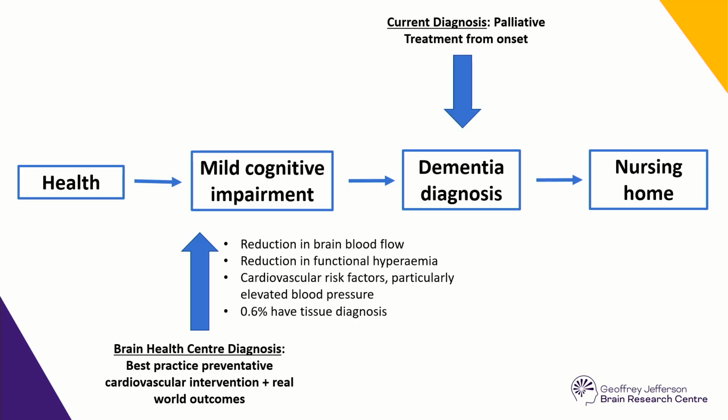We do this in tandem with the old age psychiatrists, and we do this because they have a reduction in brain blood flow, they have a reduction in functional hyperemia, they've got an excess of cardiovascular risk factors, and believe it or not, of all of the patients who have a diagnosis of dementia, only about 0.5%, so 1 in 200, get a tissue diagnosis of whether they have dementia or not. This is the first clinic of its kind anywhere in the world, and we're measuring brain blood flow using MR scan.